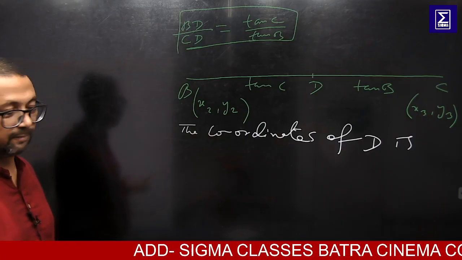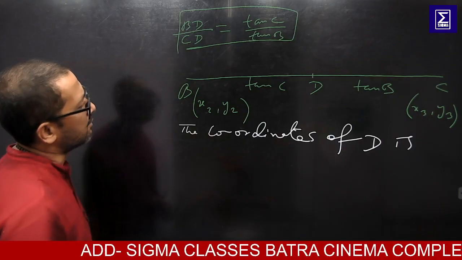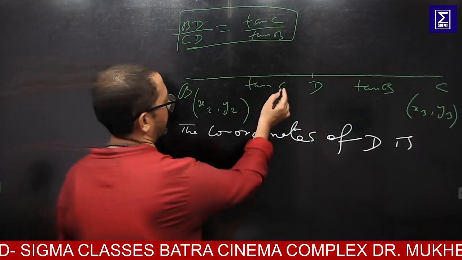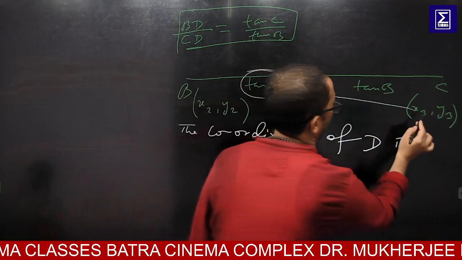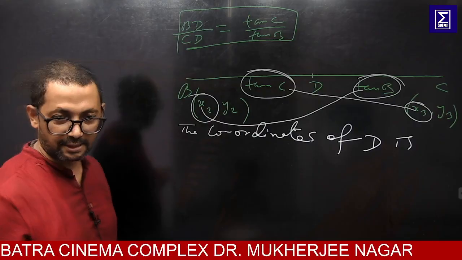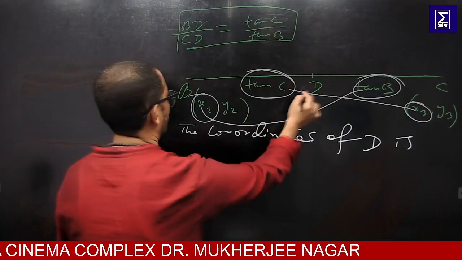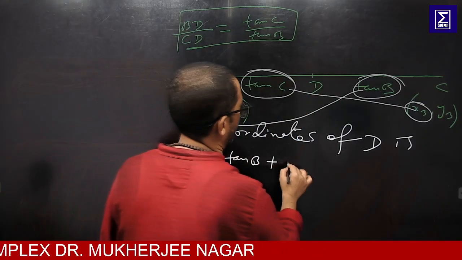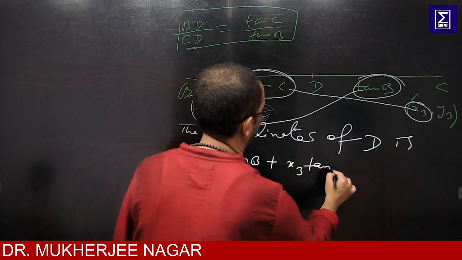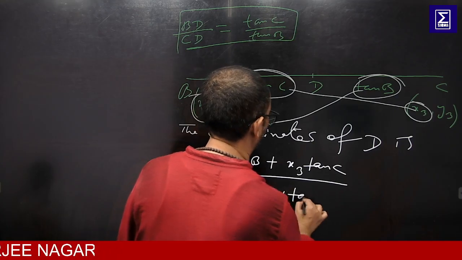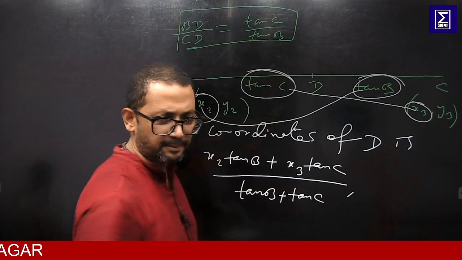Do it fast. Keep the phone away. The coordinates of D. This will multiply to this, and this will multiply to this, upon tan B plus tan C. Yes. So can we write here directly x2 tan B plus x3 tan C upon tan B plus tan C. This is the abscissa, the x coordinate.